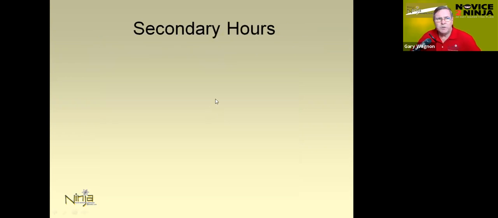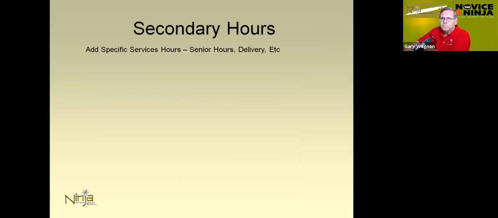You also have the opportunity for secondary hours now. Before, we only had one set of business hours. But if you have businesses that are doing delivery, or they're doing special hours for certain groups, the stores that are doing senior hours, maybe you're offering a special set of hours for a particular client base.